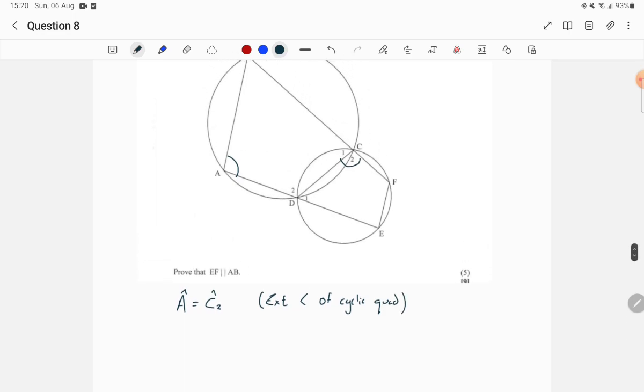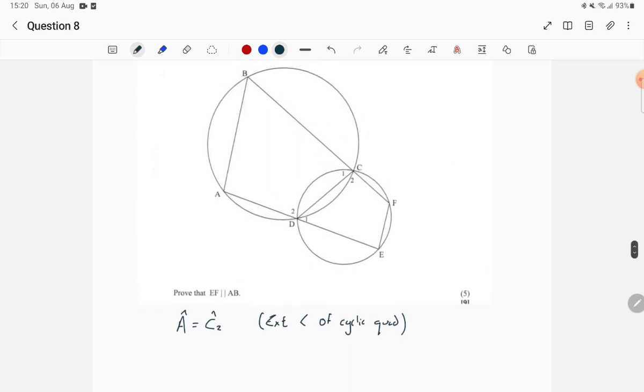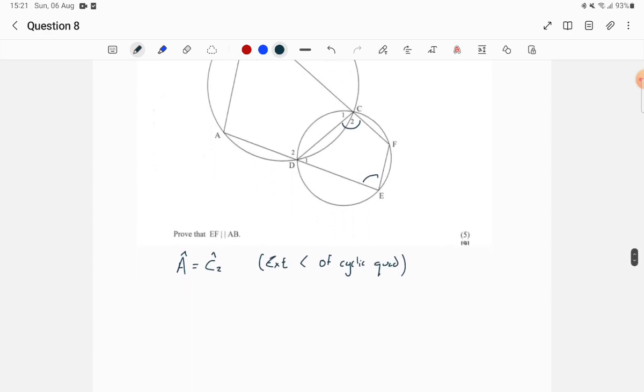And thereafter, once we have that, we can also state that in this instance, angle E, and this is also another cyclic quad of the smaller circle now, angle E plus C2 is equal to 180 degrees, because opposite angles of a cyclic quad are supplementary.